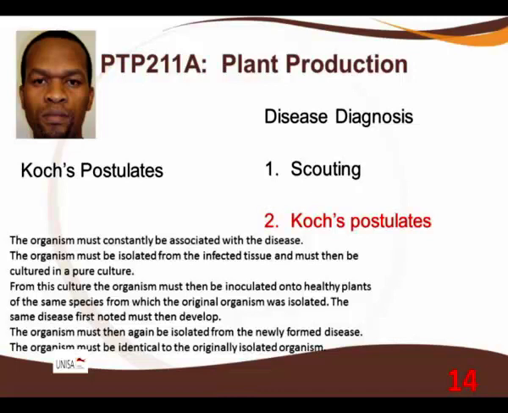From this culture, the organism must then be inoculated onto healthy plants of the same species from which the original organism was isolated. The same disease first noted must then develop. The organism must then again be isolated from the newly formed disease. The organism must be identical to the originally isolated organism.